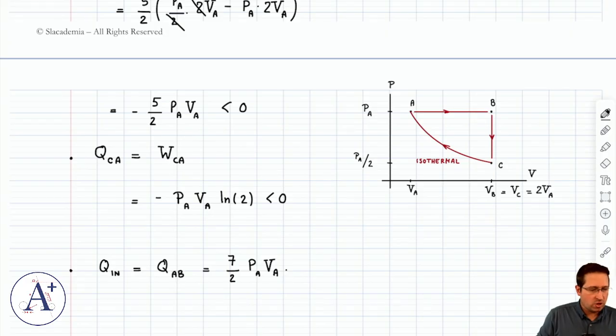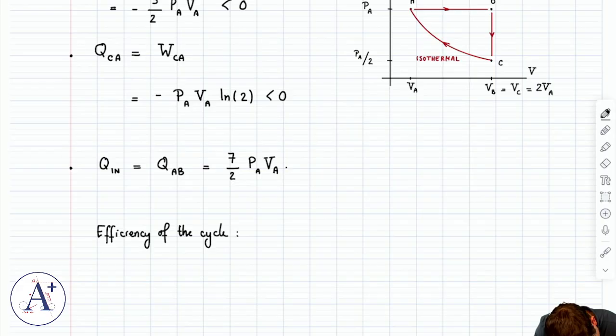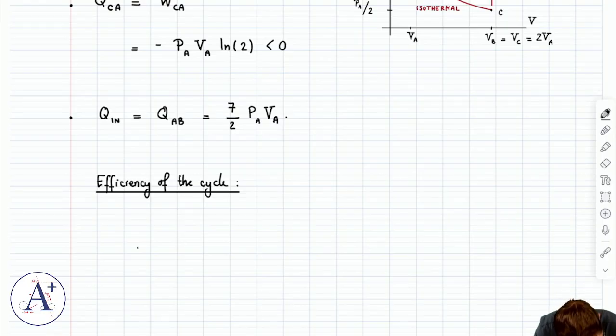All right? And then the efficiency of the cycle is easy to compute, especially since they actually gave you the formula here, which, by the way, they don't have to do, but fine. If you're going to give me the formula, sure, I'll use it. The efficiency is going to be the work done by the gas over the cycle divided by Qn.